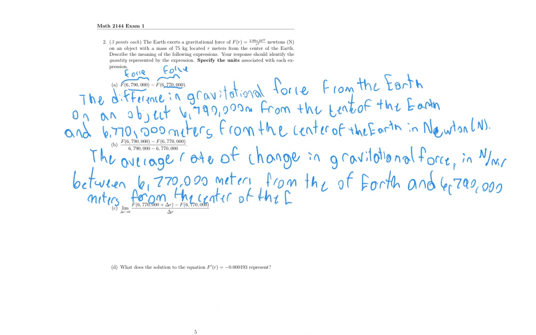Okay. So now, for the next one, we have our limit definition of a derivative. So instead of the average rate of change, it's going to be the instantaneous rate of change at 6,770,000. So, see if I spell instantaneous right. Instantaneous, hope that's right.